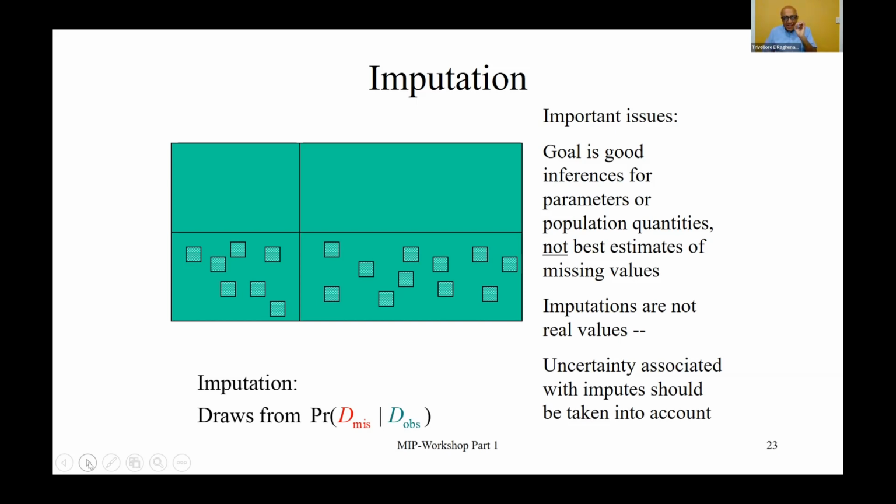Now, the central theme of accomplishing this is to make sure that the imputations are draws from some sort of a predictive distribution of the missing values given the observed values. So imputations have to be draws rather than a plug-in estimate or value.